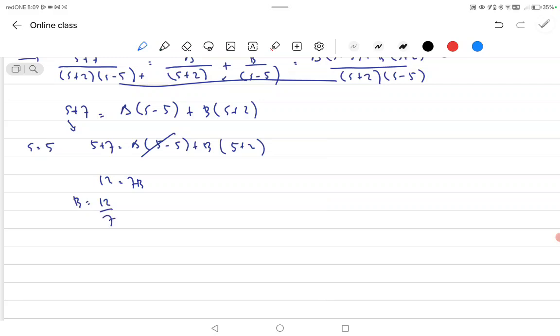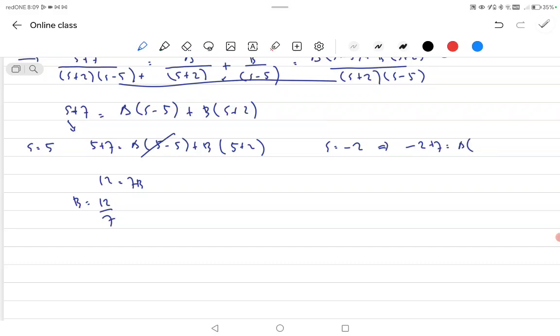Again, let me put s equal to minus 2. So we got −2 + 7 is equal to A(−2 − 5) plus B times 0, because of minus 2.